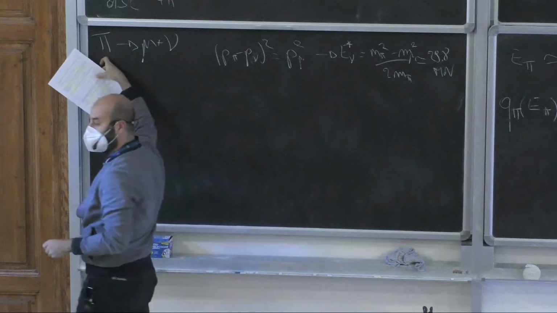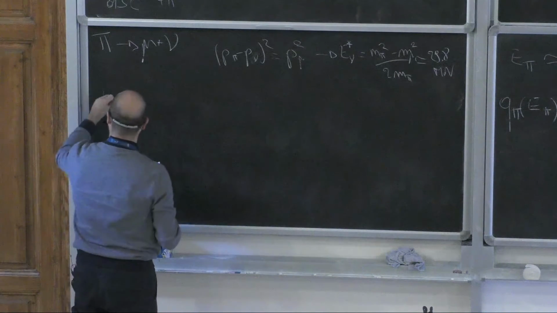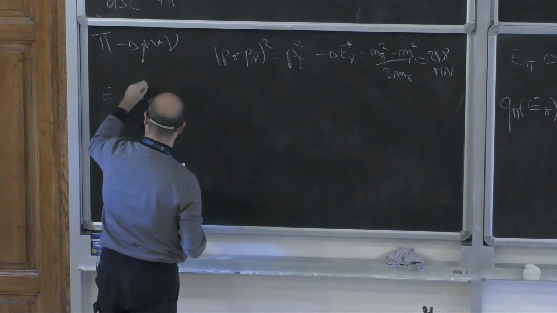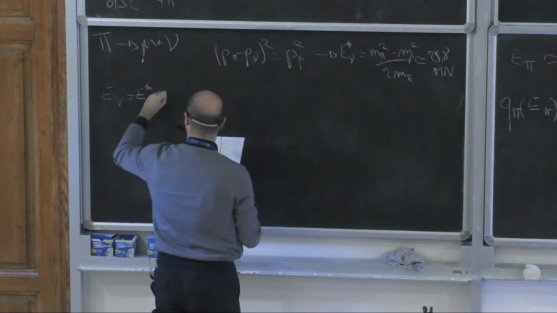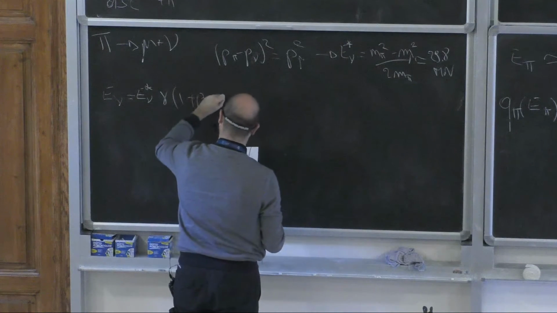However, this is moving at some velocity beta. So the energy of the neutrino in my lab frame is going to be E nu star in the rest frame times gamma. That's exactly the same story we saw before.